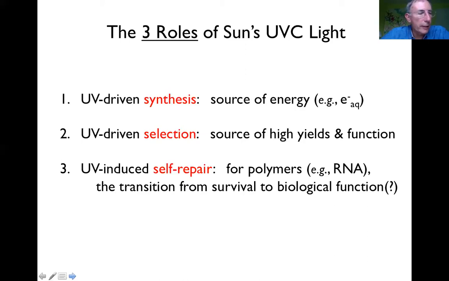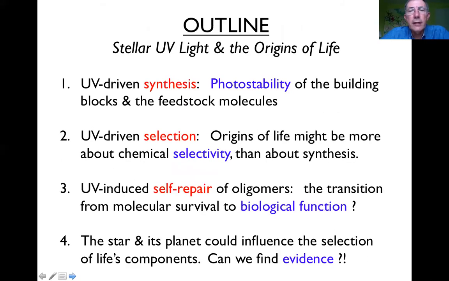If you're interested, I will be happy to talk more about it in the question and answer period afterwards. So just as an outline, the UV-driven synthesis is the first thing I want to show you. That has to do with photostability of the building blocks and the feedstock molecules, the molecules like hydrogen cyanide and ferrocyanide, from which you actually start the process and feed the process, build the molecules. The UV-driven selection is about selectivity, obviously, and I think is the most important aspect of it.